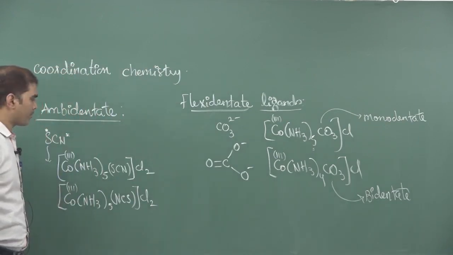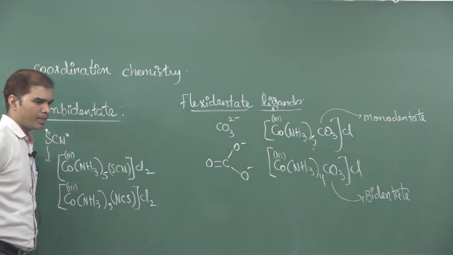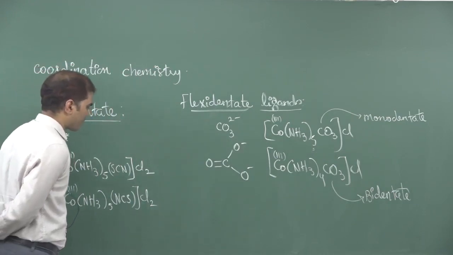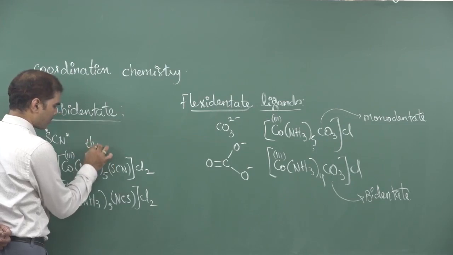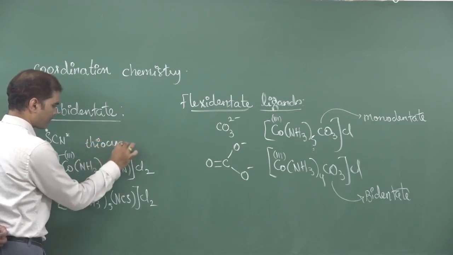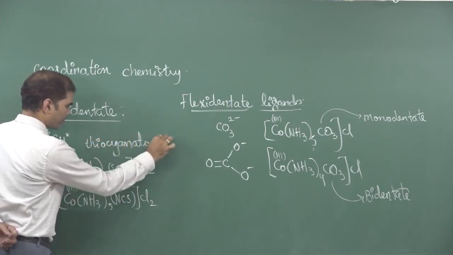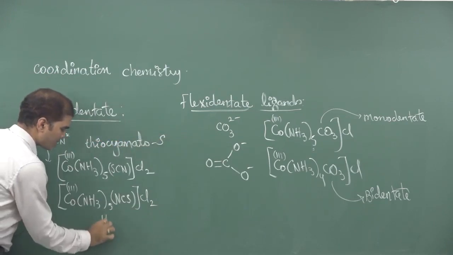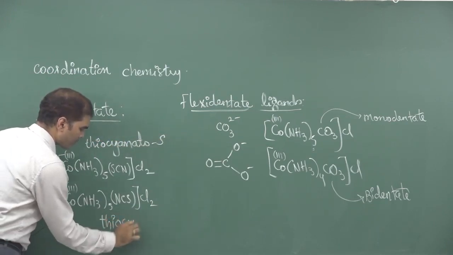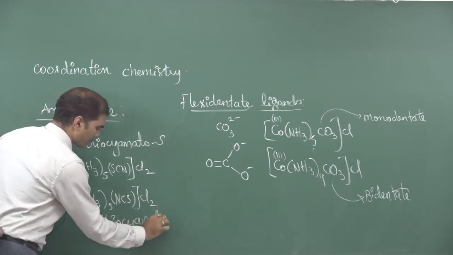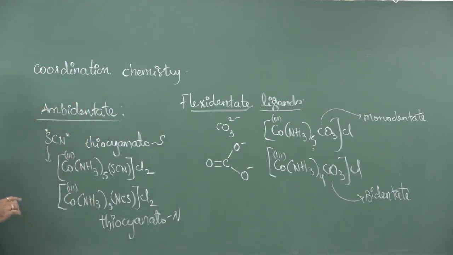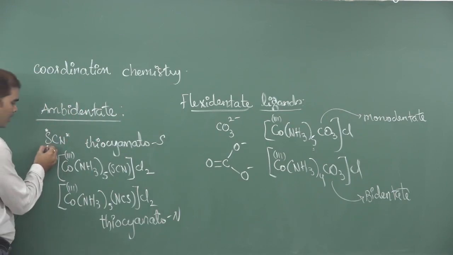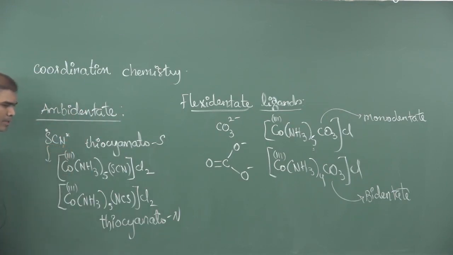Example, SCN. In the first case, SCN is behaving as thiocyanate S, in the next case it is behaving as thiocyanate N. SCN has two donor atoms, sulfur as well as nitrogen.